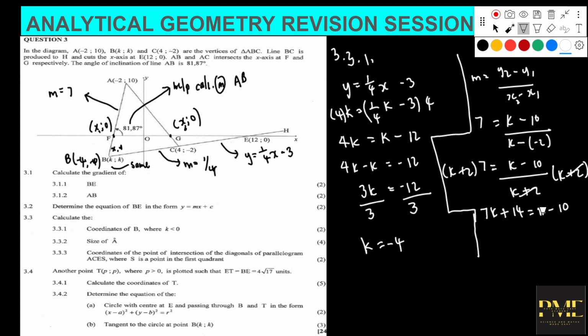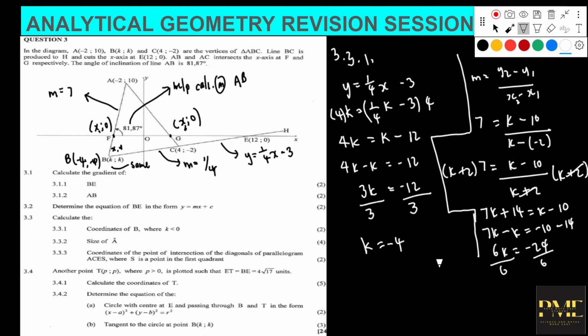Alright, so then we're just going to be transposing. So 7K minus K is going to be equal to negative 10 minus 14. So then we have 6K equal to negative 10 minus 14, which is negative 24. Then let's divide by 6 on this side, divide by 6 on that side.